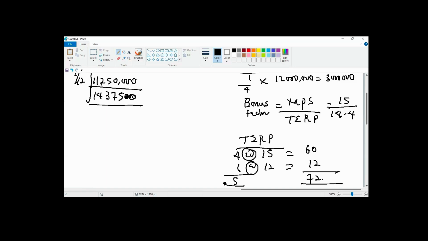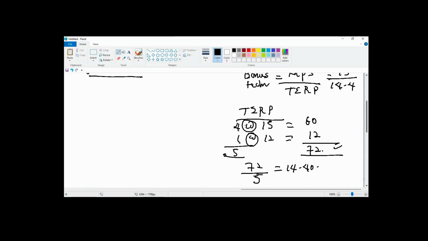And 1 at 12 naira will give us 12 naira. 60 plus 12 will give us 72. That's why we have it here, based on the condition stipulated in this question. Then 4 plus 1 will give us 5. 72 divided by 5, that's what is giving us 14.4. That is the theoretical ex-rights price.